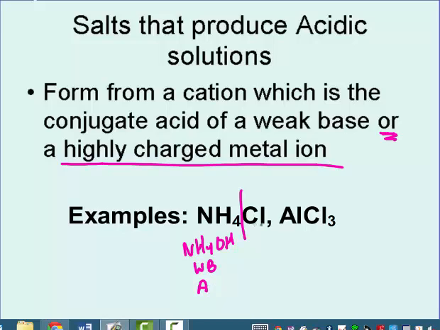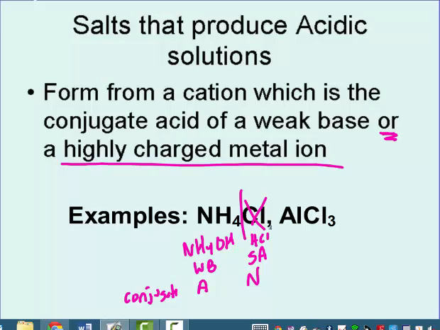All right, this one comes from a strong acid, and so its conjugate would be neutral. So again, this is my conjugate. So only this one is affecting it. That's the neutral piece.